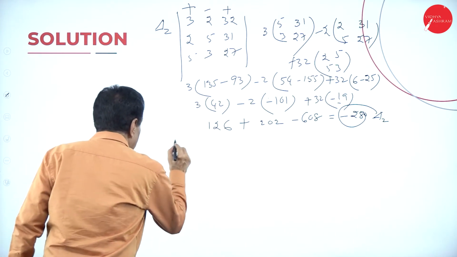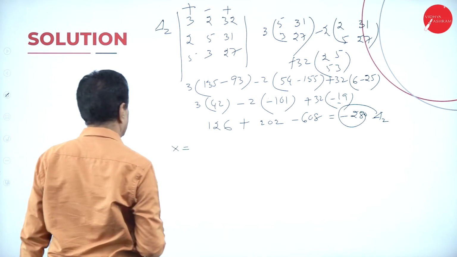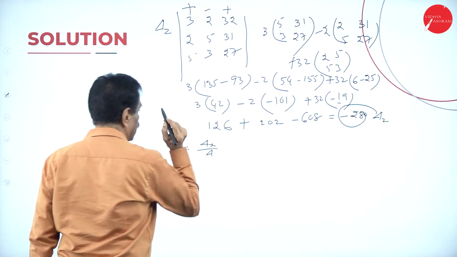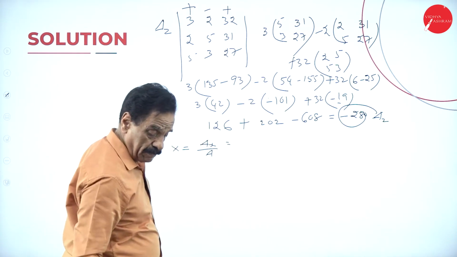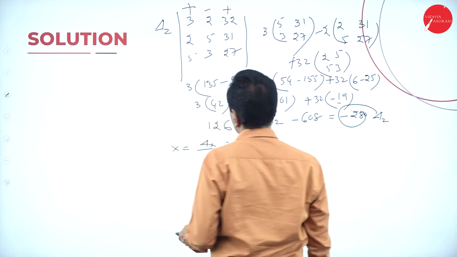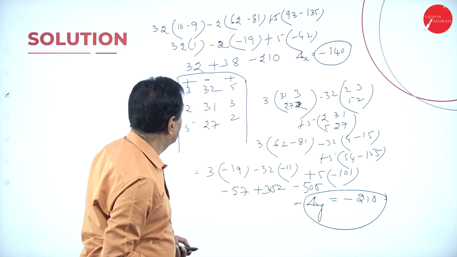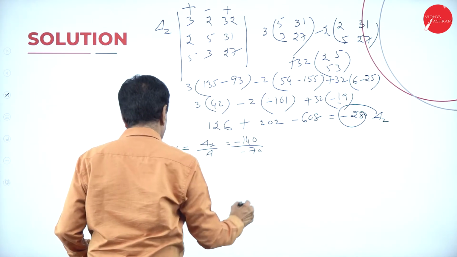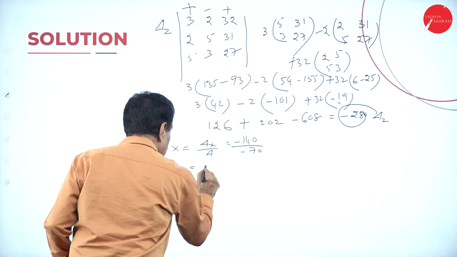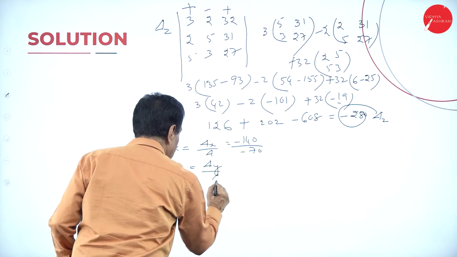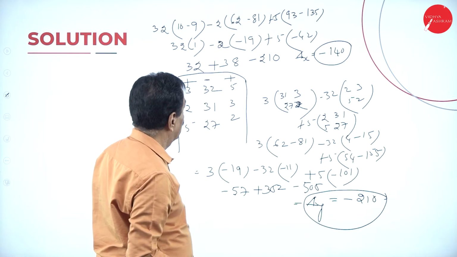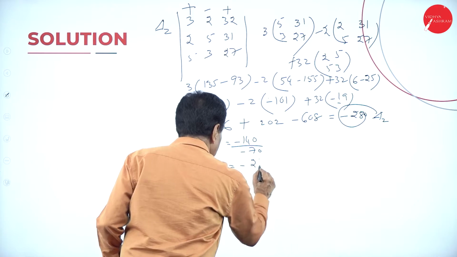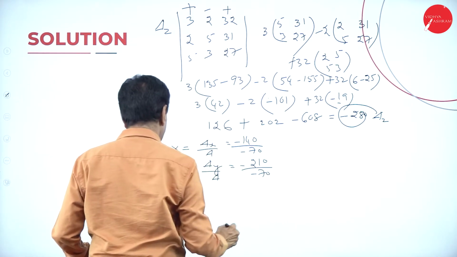Apply. X is equal to delta X divided by delta. What's your delta X now? This is minus 140 divided by minus 70. Y is equal to delta Y divided by delta. Here delta Y is minus 210 divided by minus 70.